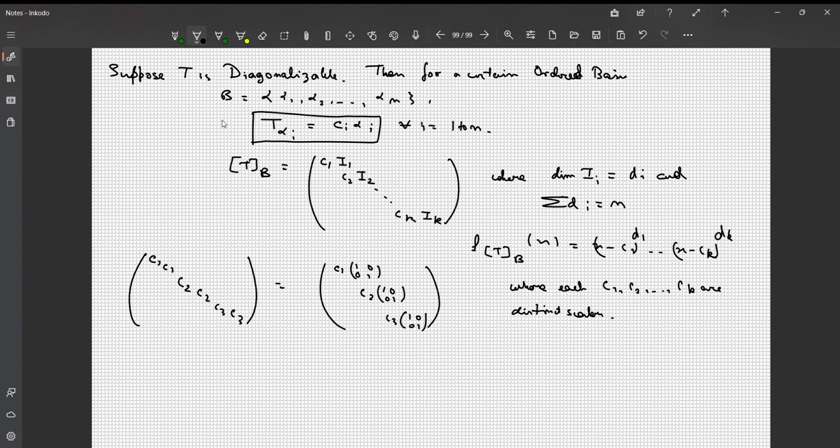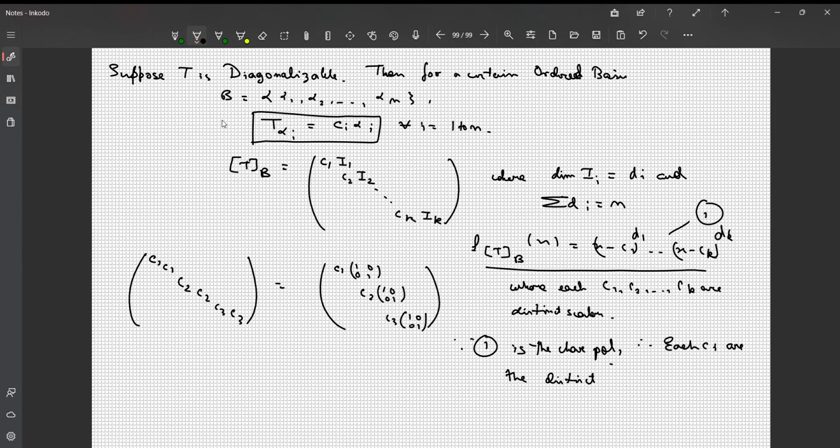Now, since this is the characteristic polynomial, obviously each of these c1, c2 till ck are the distinct eigenvalues of T, right? Let me just write it as 1.